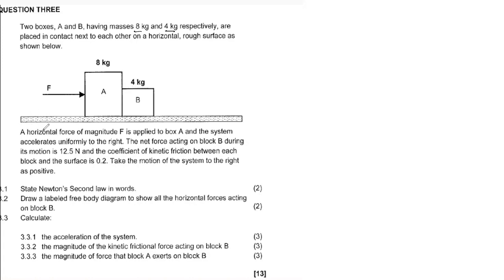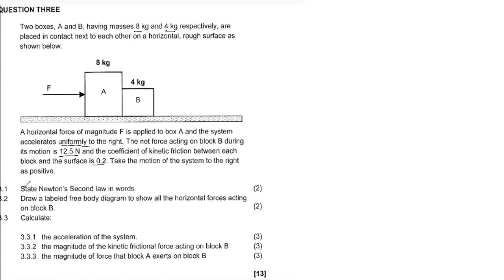Then below here it says a horizontal force of magnitude F is applied to box A and the system accelerates uniformly to the right. The net force acting on block B during its motion is 12.5 Newton, and the coefficient of kinetic friction between each block and the surface is 0.2. Take the motion of the system to the right as positive.